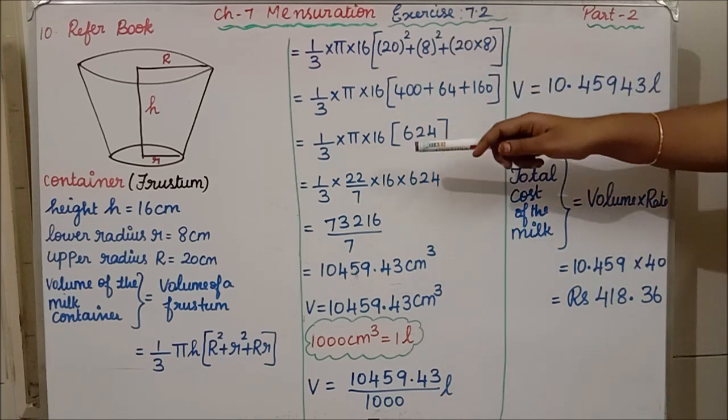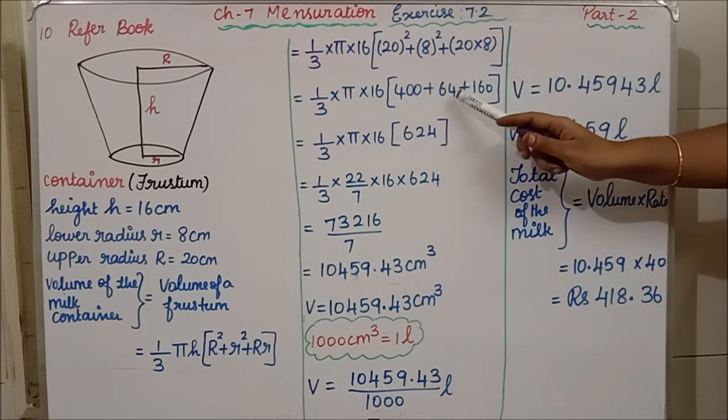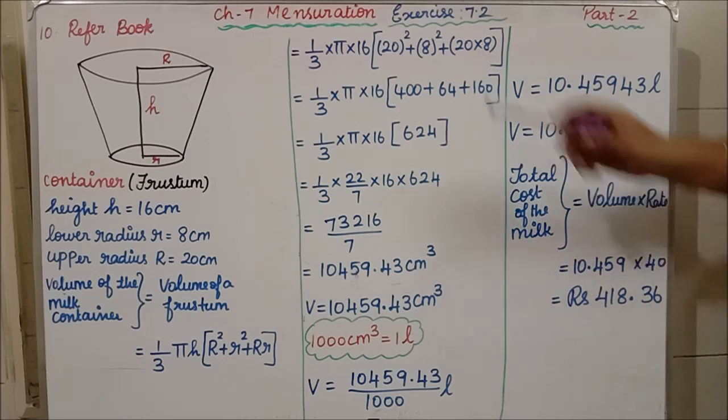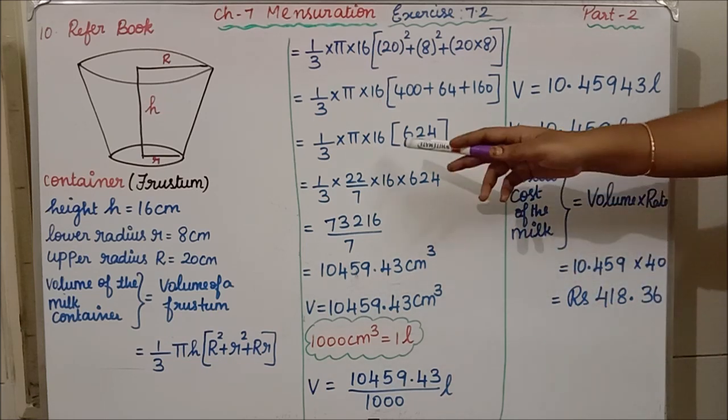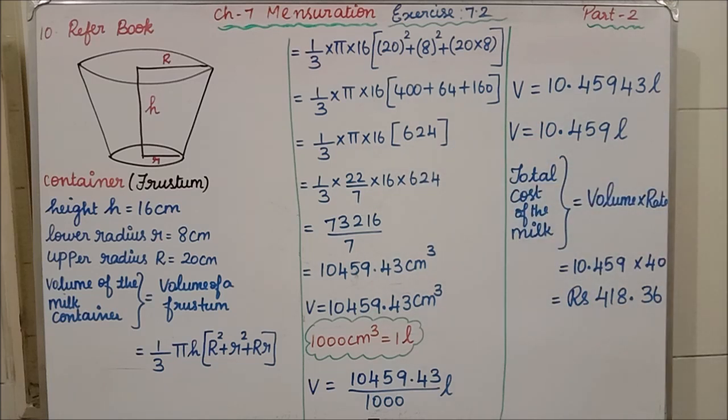Okay, 1 by 3 pi into 16, 400 plus 64 plus 160. If you add all the 3, you will get 624. Clear? Now what I am going to do is multiply, and first I am cancelling 3 and 624.